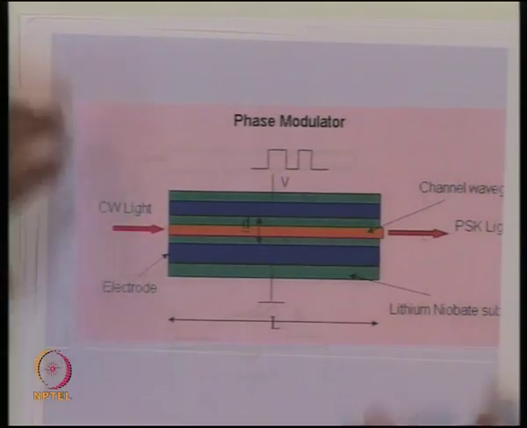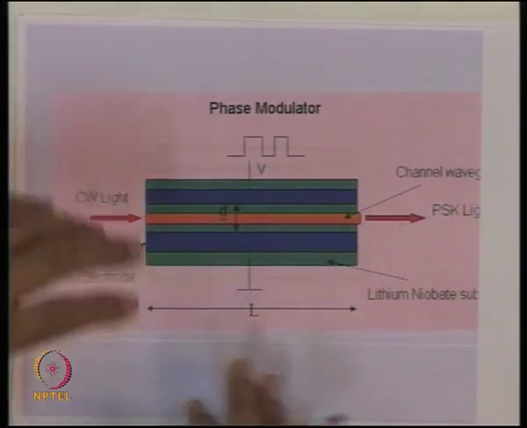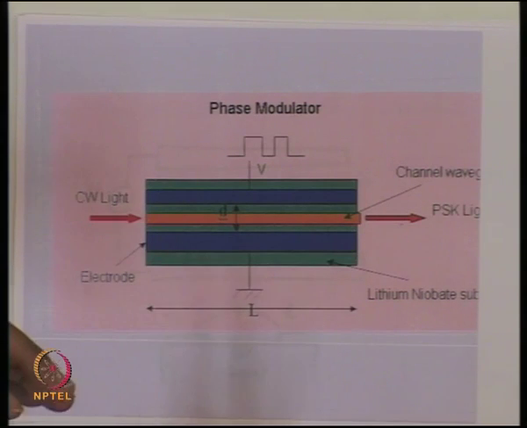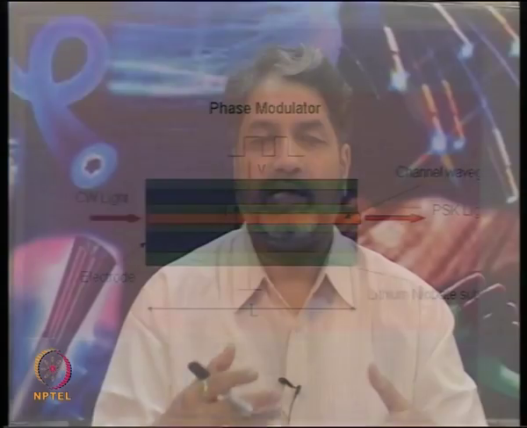Once you have created the phase modulator, then we can essentially build around this. So what it appears is that by using the electro-optic material, changing the phase of the light is the simplest thing. But once the phase of the light is changed, then we can create some kind of an interfering mechanism so that the change in phase can be converted into change in amplitude.